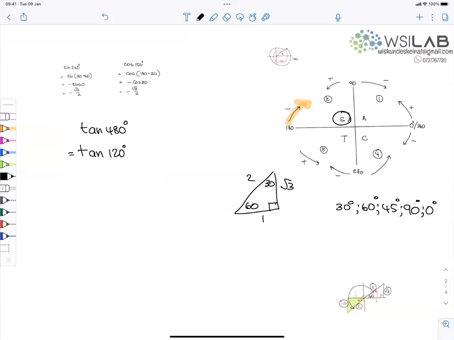And now I can work with that angle, can't I? That is the same as tan of what? Try and mix up either 180 or 360 with one of those special triangle values. Can you help me, Amira? Which one are you going to use?